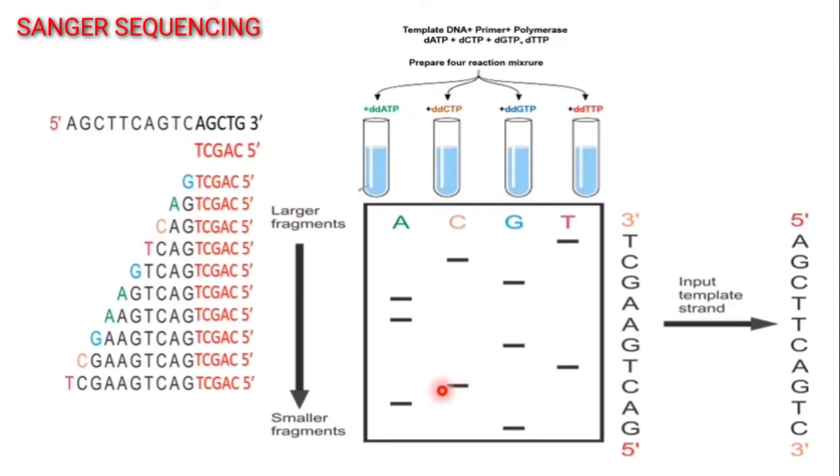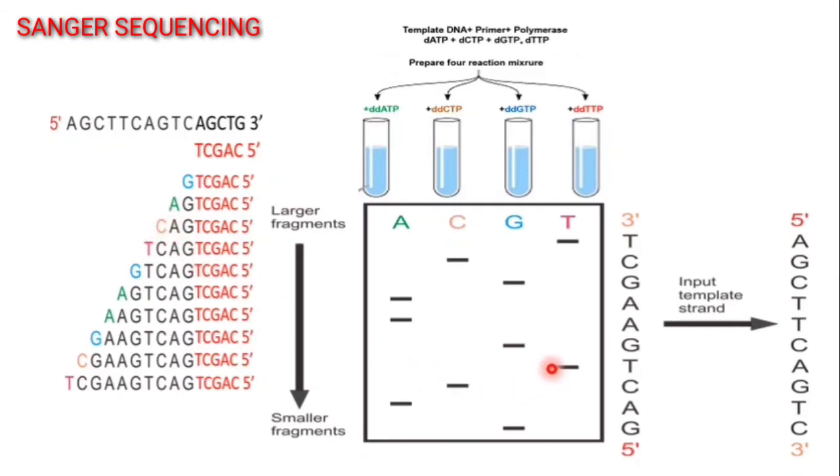In the C tube, the band shows this strand ends with nucleotide C. First a normal G is added, then a normal A is added, but C was dideoxy, so the sequence here was C.